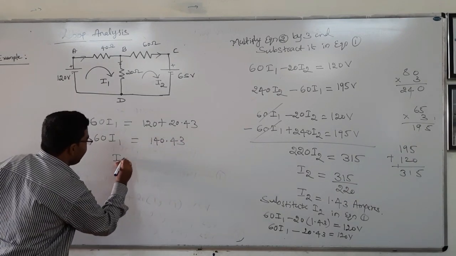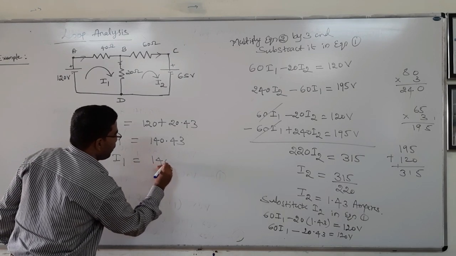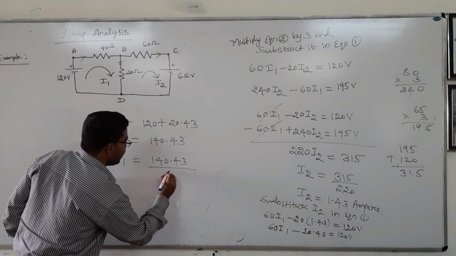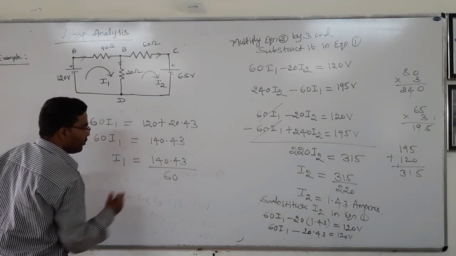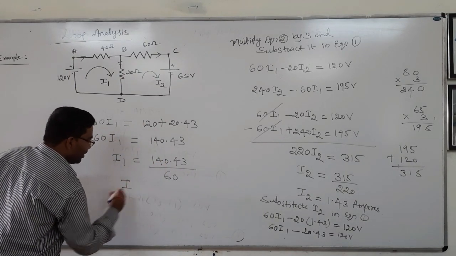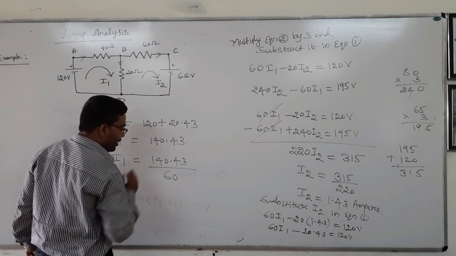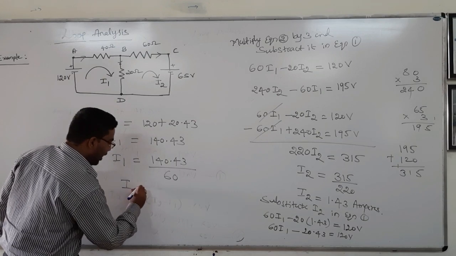So then I1 is equal to 140.43 divided by 60. So after simplifying, you will get the I1 value.